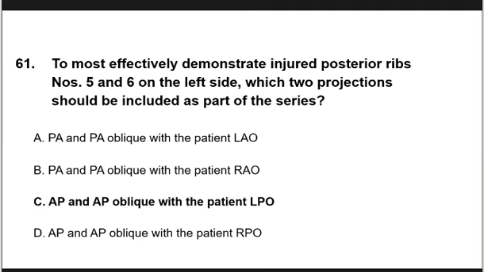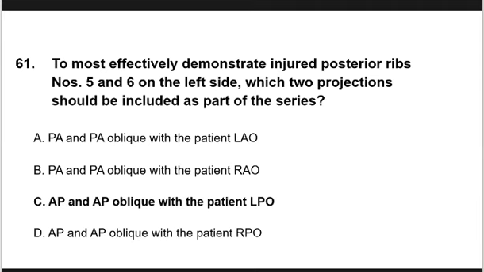So in other words, pag ang injured na ribs ay posterior, the patient should be in supine position. Now, kung ang injured na ribs ay anterior, the patient should be in posterior-anterior or PA projection. Considering that the injured ribs are on the posterior aspect, therefore the patient should be in AP or supine position. And pag ang injured posterior ribs ay on the left side, then the patient should be in LPO position.